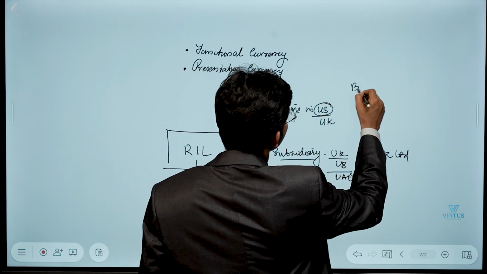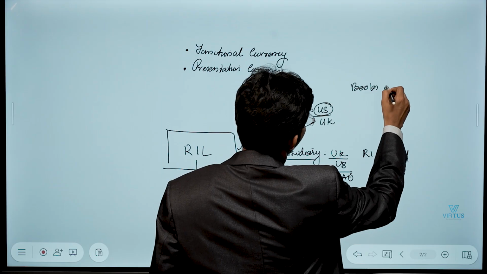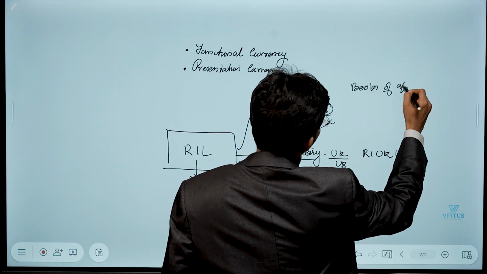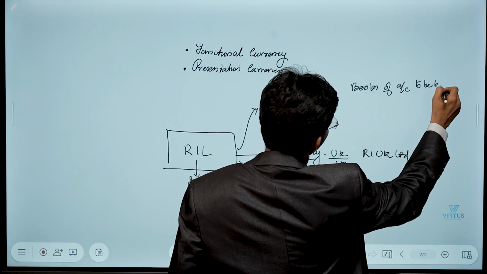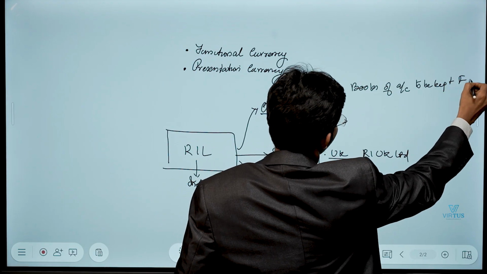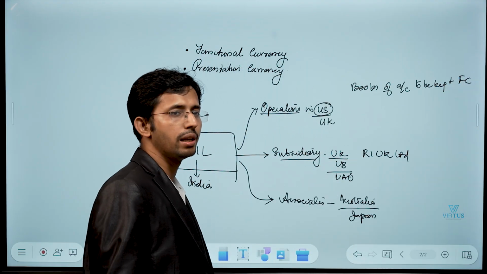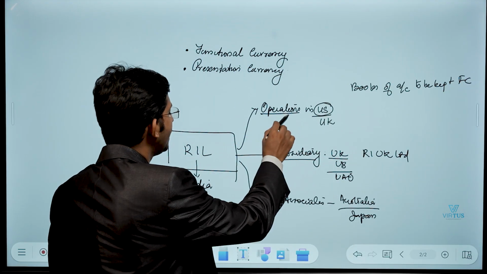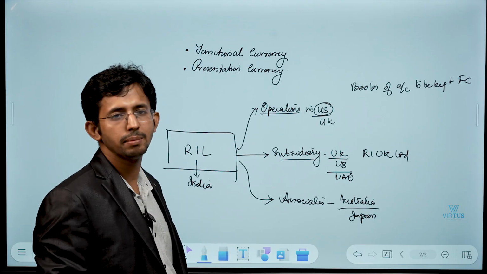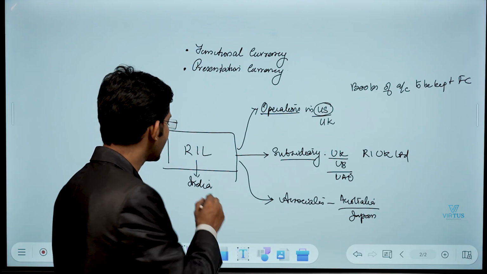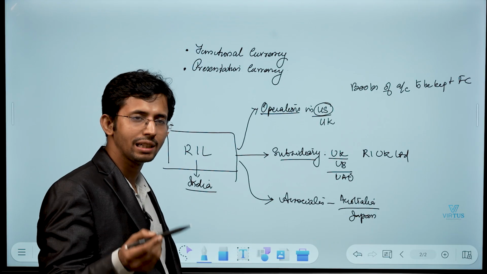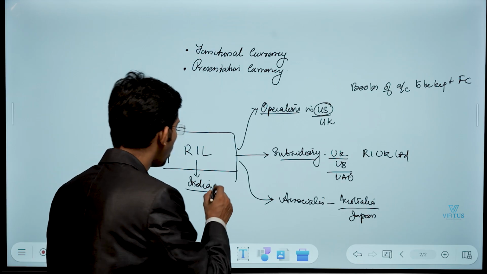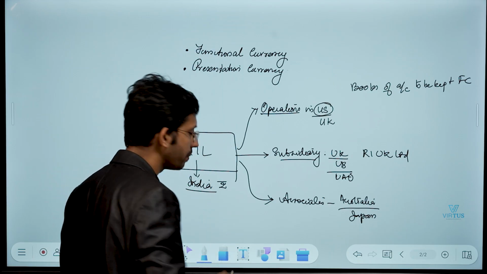The books of accounts have to be kept in that foreign country. So it is a direct operation of Reliance Industries Limited. Reliance Industries Limited is an Indian company. So what is its domestic currency? The domestic currency is the Indian rupee.